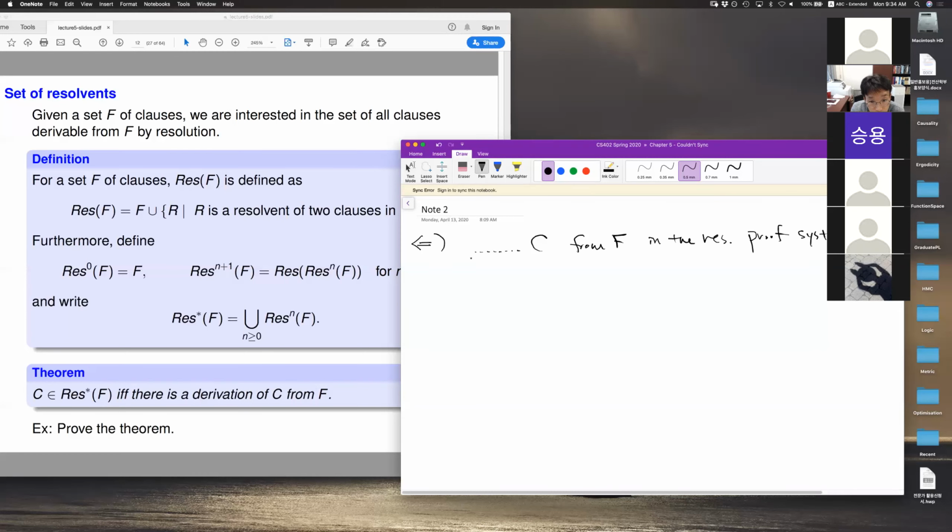What we're going to do is look at the length of this derivation, set it to n, and do induction on it.